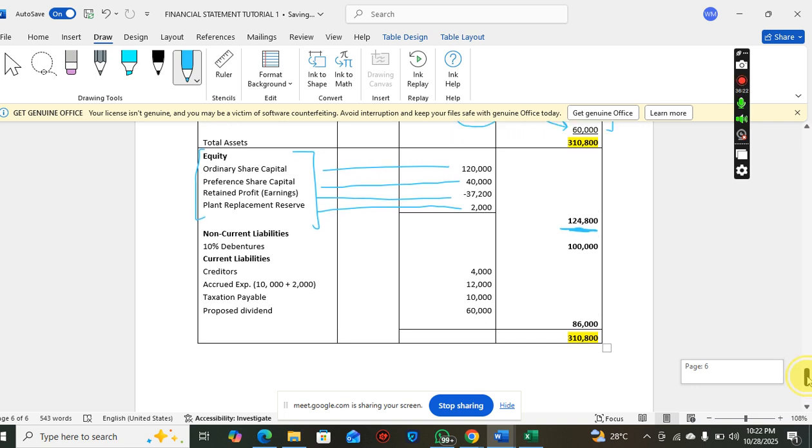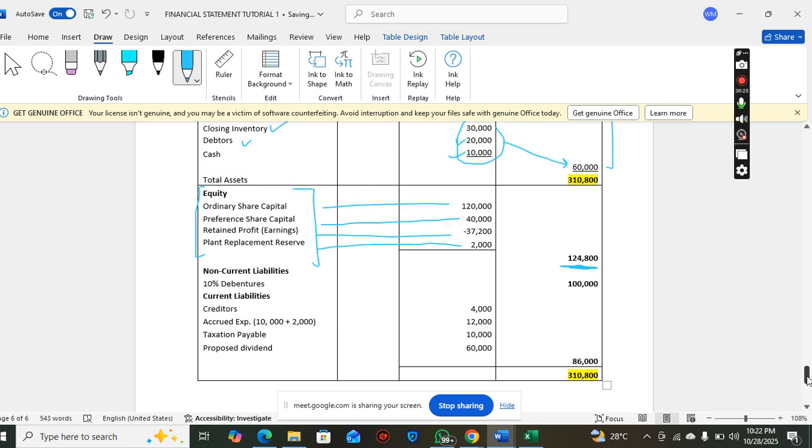Any questions? Mr. Mora, is it possible in the exam to start writing the balance sheet when you have not done the trading profit and loss, and then you go to the trading profit and loss? You'll be wrong, especially for this equity section, because this retained profit comes from the statement of profit or loss, so it won't balance.